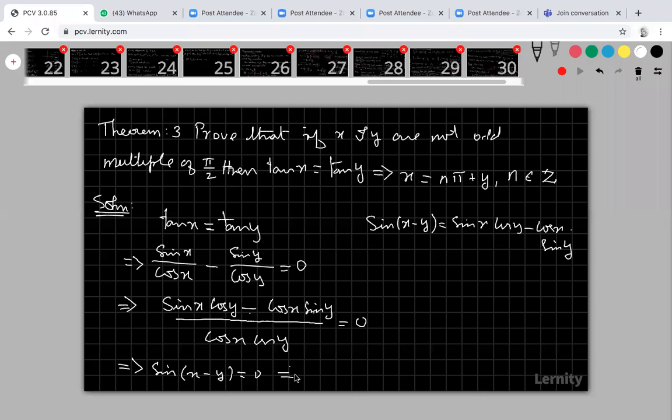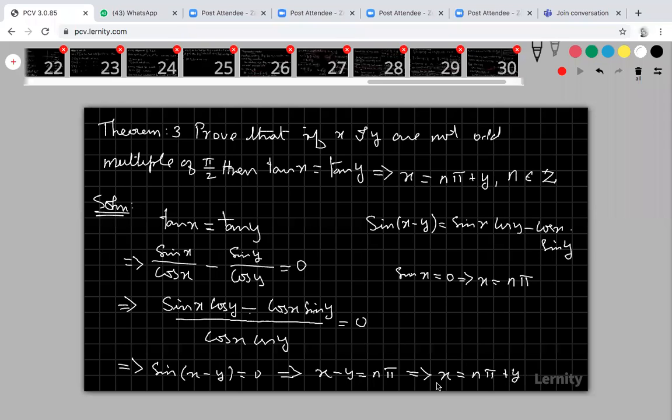And sin of something equal to 0 means, what is the meaning? The angle is equal to n pi. So here sin of x minus y is equal to 0 means your x minus y is equal to n pi, or your x is equal to n pi plus y.